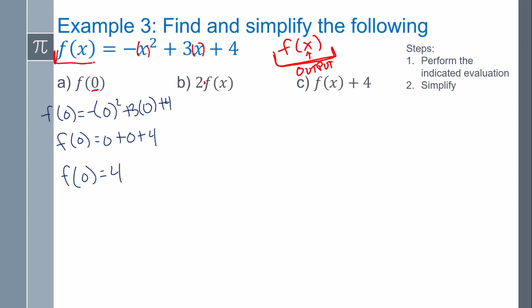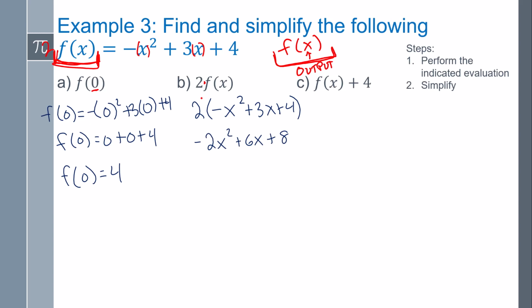So if we just look at it as pure notation, this is my f of x. I'm going to multiply that by 2. So 2 times, what is my f of x? That's going to be the negative x squared plus 3x plus 4. And then distribute the 2, and so you get negative 2x squared plus 6x plus 8.